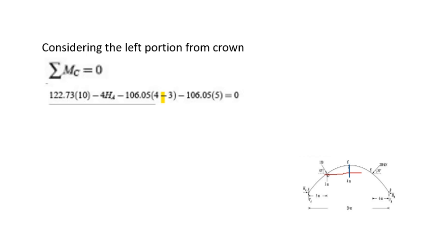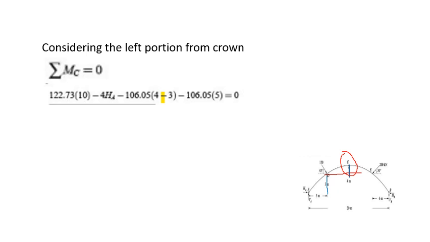This height of the 150 kilonewton force is 3 meter. So to take the moment we have to consider this distance, that is 4 minus 3. That is the moment of your horizontal force.